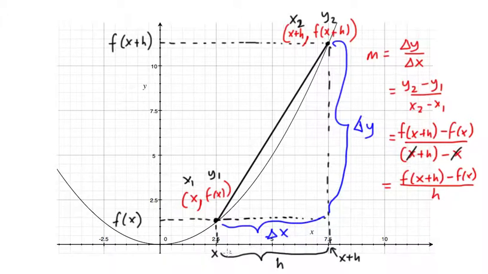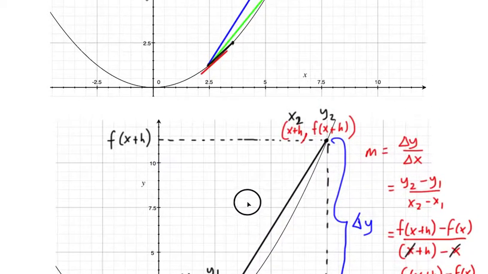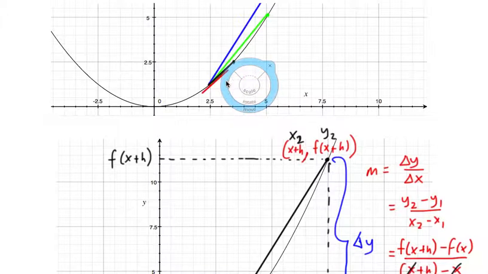So if you recall, from our previous graph, what happened was, as we chose points that were closer and closer and closer to the point that we desired, we got a slope that was almost equal to what we wanted. We were trying to find the slope at the red point, and as we chose points closer to the red point, we found slopes that were somewhat equivalent.